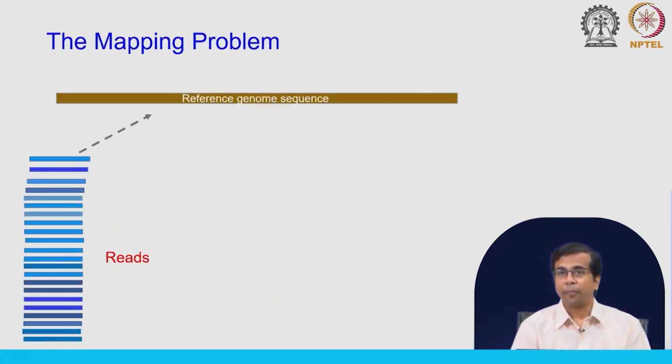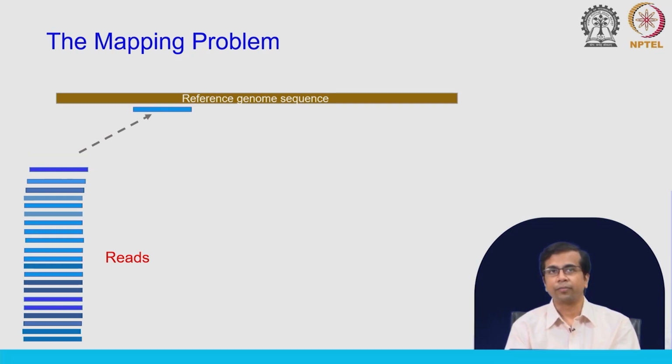Okay, so, the mapping problem, just to remind you. So, you have this stack of reads on the left, you can see, and the goal is to identify where these reads come from in the reference genome. So, whether these reads come from chromosome 1, chromosome 5, chromosome 10 etcetera, that is the goal of this mapping. So, for example, if we look at this schematic or this animation, we have this read, and we found a match in this position in this reference sequence, and this is the mapping that is done.